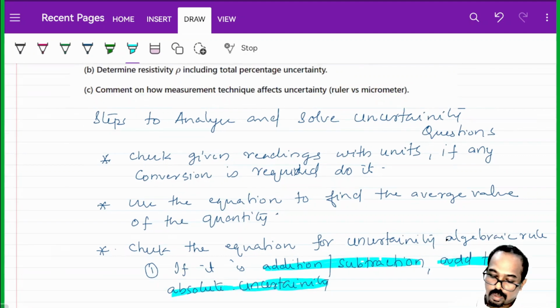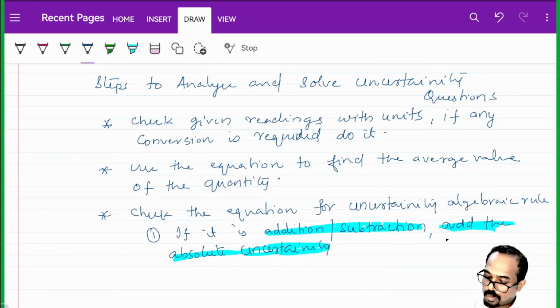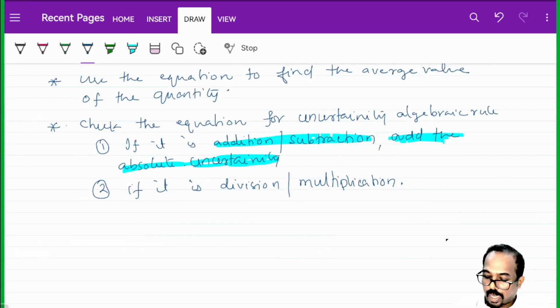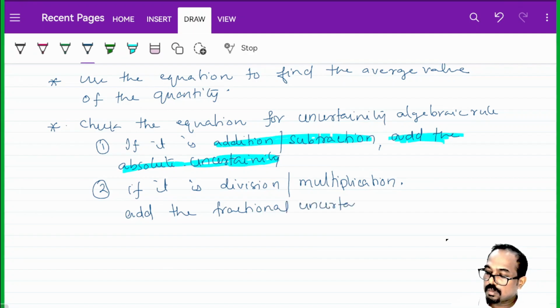Okay. Second, if it is division or multiplication, what you will do? You will add the fractional uncertainty. After finding out the absolute or percentage uncertainty, what you will do?